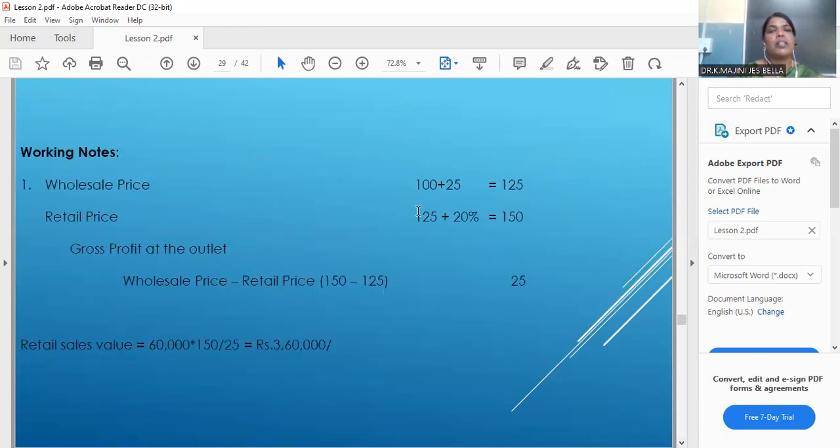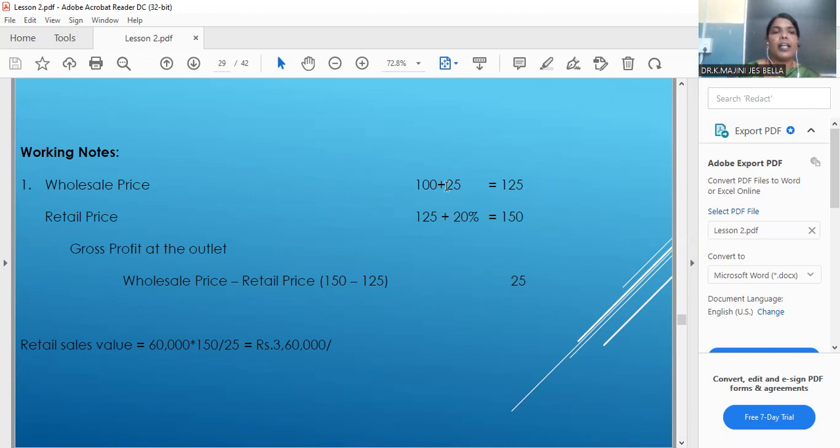If the cost price is 100, now you should add the 25% margin. Okay, that is 100 plus 25, that is 125. Then retail price, they have clearly given in the question. If it is wholesale price, they add 25%.